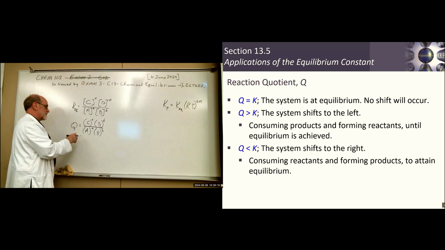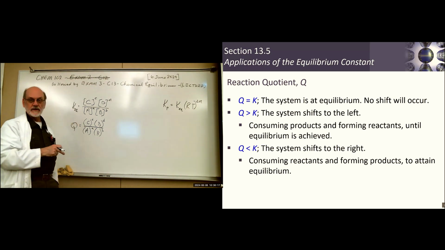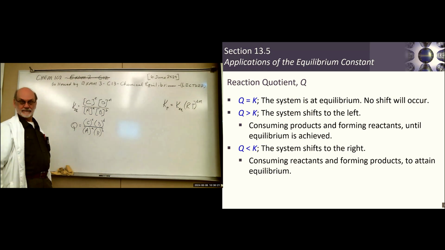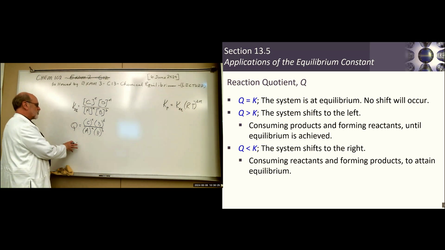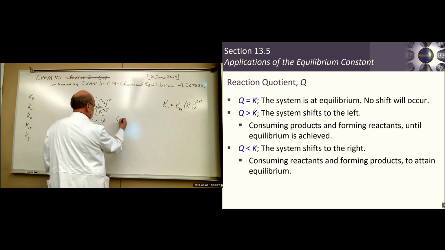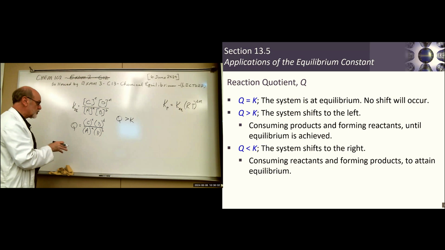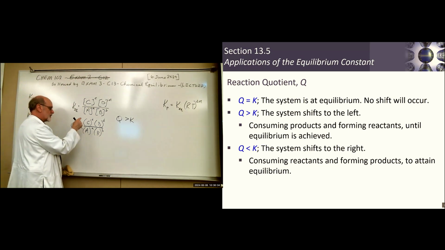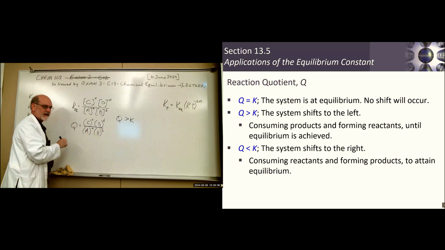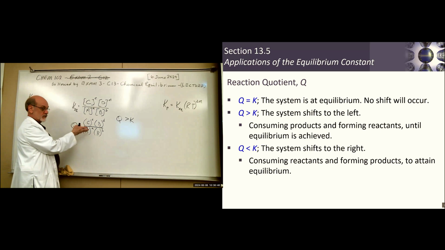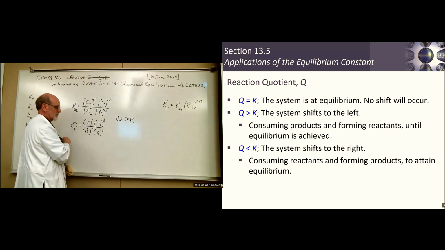The easy one is, if they're exactly equal, you're already at equilibrium. What if Q is greater than K? That means you've got too much of that and not enough of that. It's too large. You've got too much product.